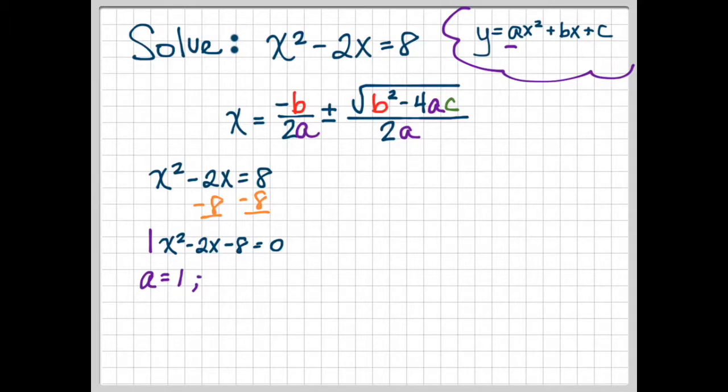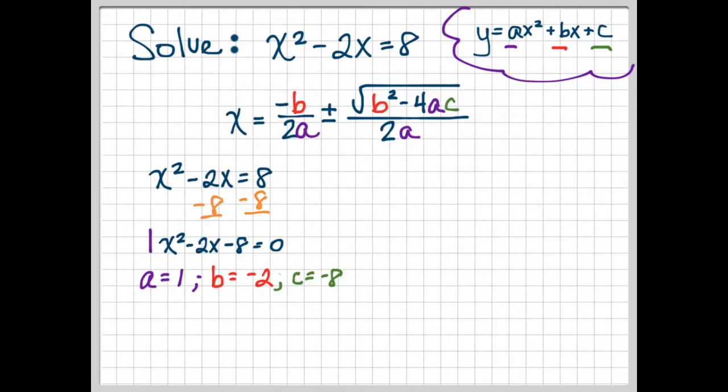Then I have to look at my b term. So I know the coefficient of my x term is going to be b. So in our case, our b is going to equal negative 2. The constant, or the term that's by itself with no x, is going to be my c. So in our case, c is going to be negative 8.